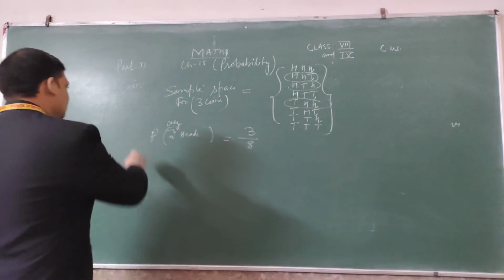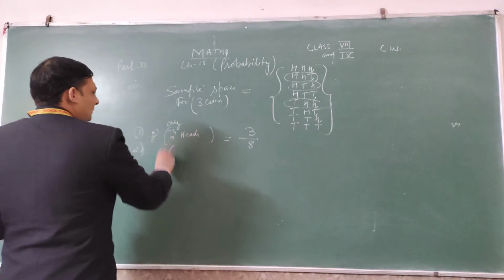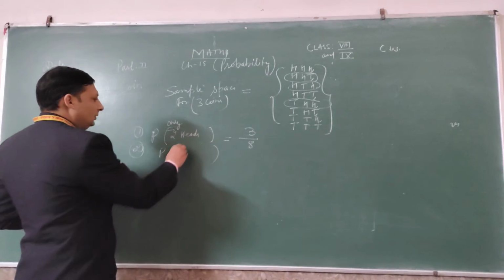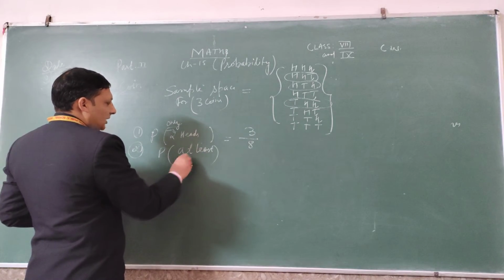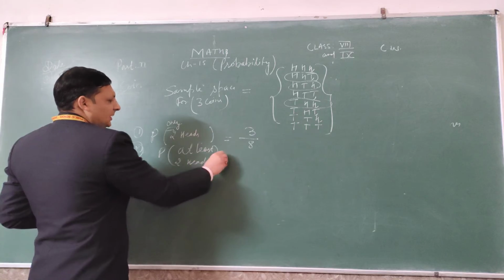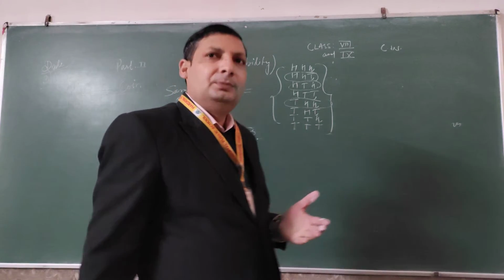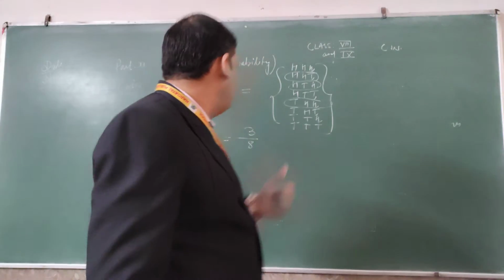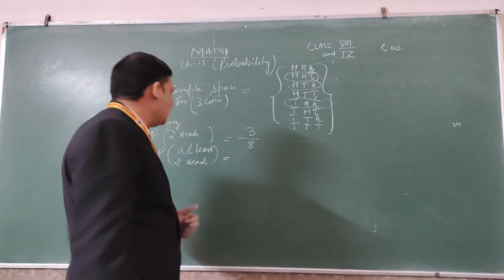Now I will change the question for the same topic. We have to find the probability of at least 2 heads. We can make different questions, but we have to think first, then we have to make questions. Now we have to find the probability of at least 2 heads.